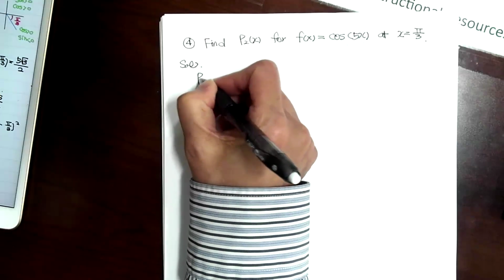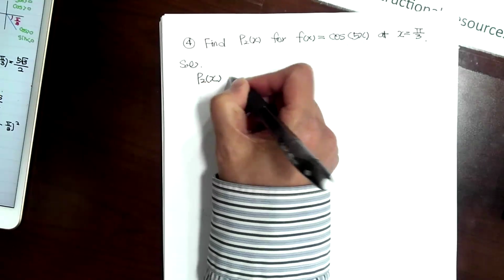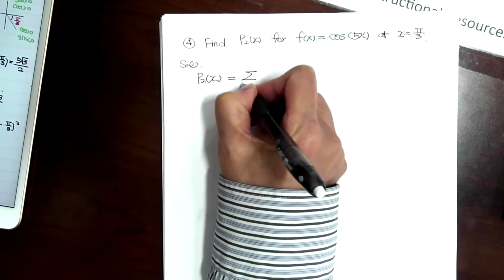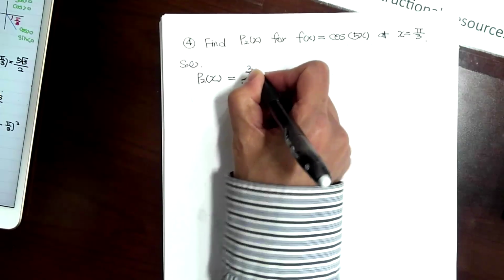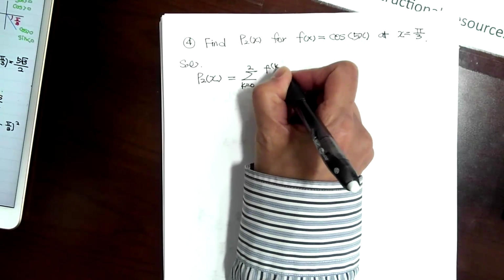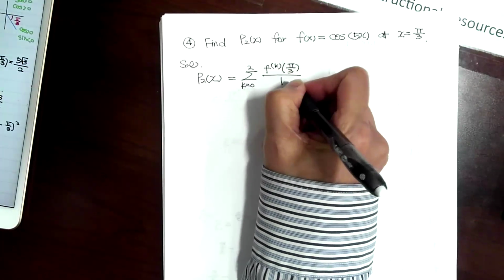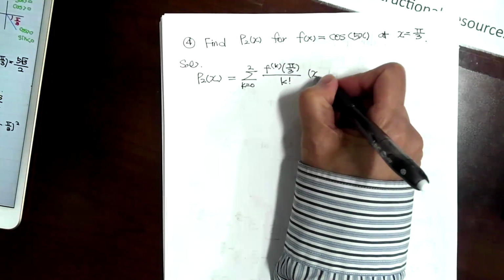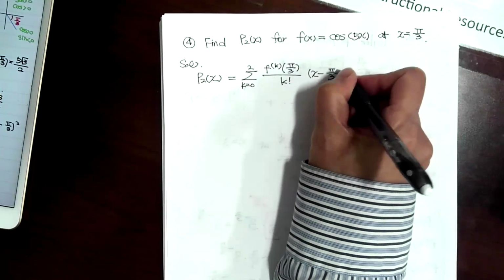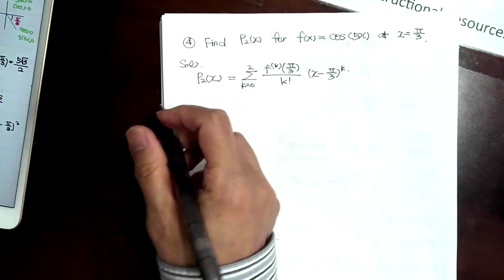By the definition of the second Taylor polynomial, it is the sum from k equals 0 to 2 of the k-th derivative at pi over 3 over k factorial times x minus pi over 3 to the k power.